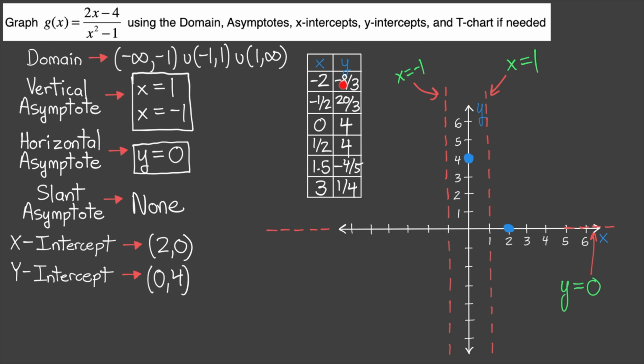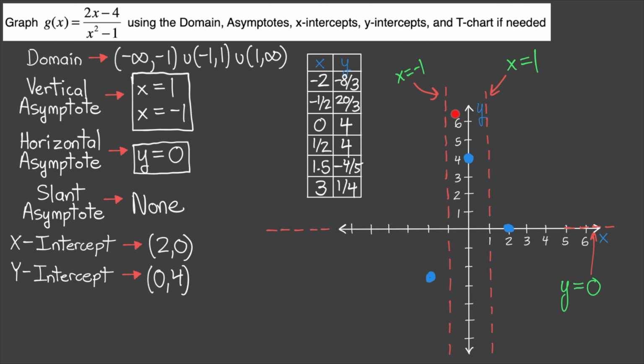All right, so these are all our points here. And let's go ahead and graph them. So -2, so we're going to go left 2 and then down 8/3, which is about 2 2/3. So that's about right there, almost at 3. All right, next is the point -1/2, 20/3. Okay, so -1/2 is right about right here, and then 20/3 is about 6 1/3.